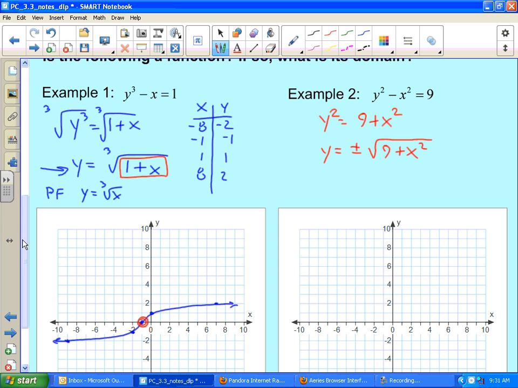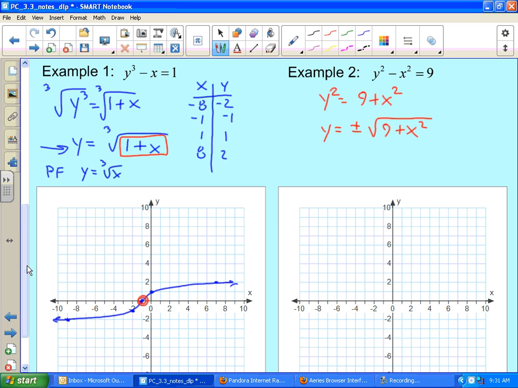All right, so what do we do? How do we graph it to see what's happening? Let's put in some values. Okay, first of all, you can look at the radicand, which is the part under the radical. And you can say that thing can never be negative. I can't take the square root of a negative number.